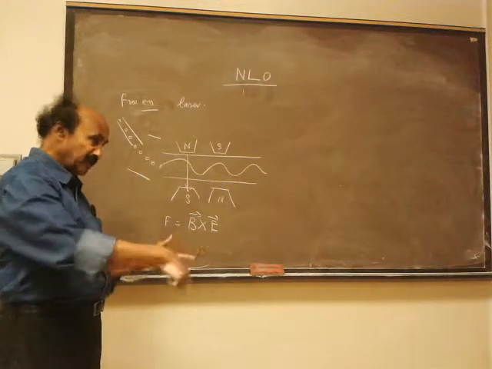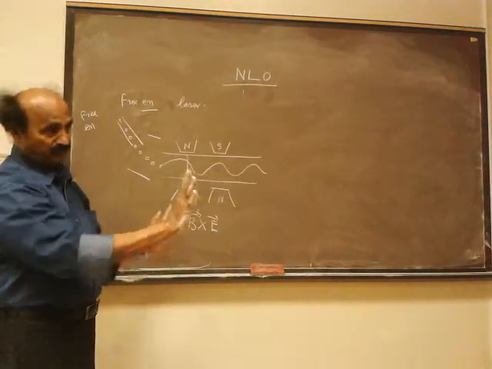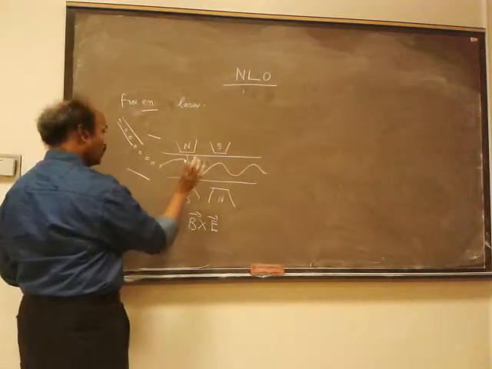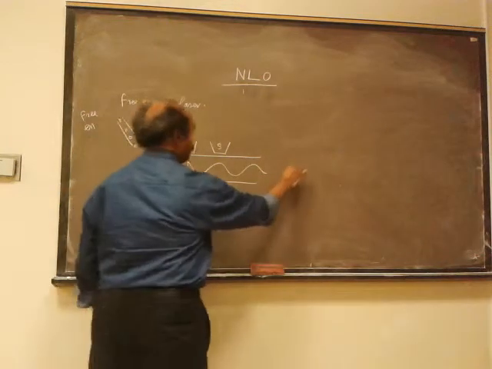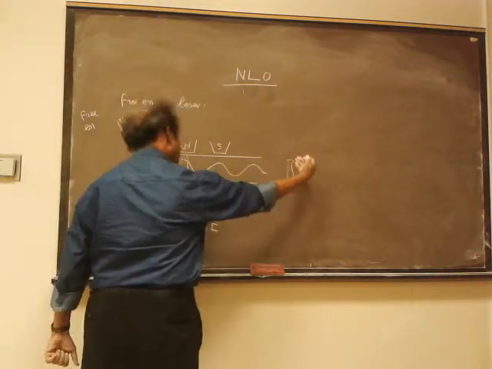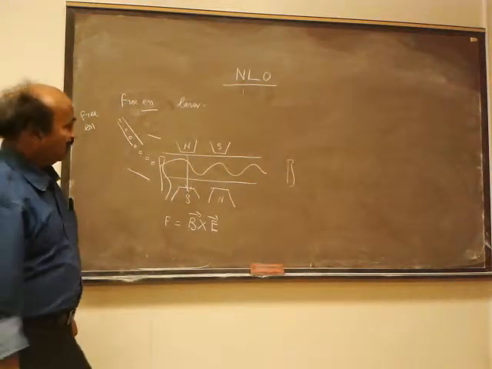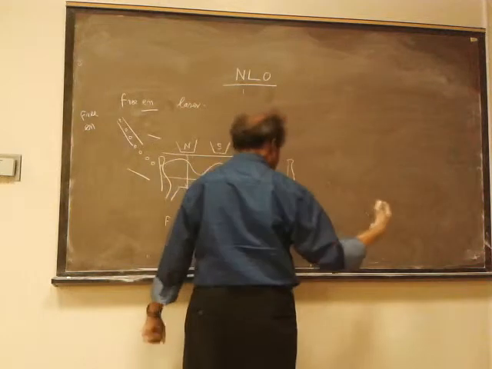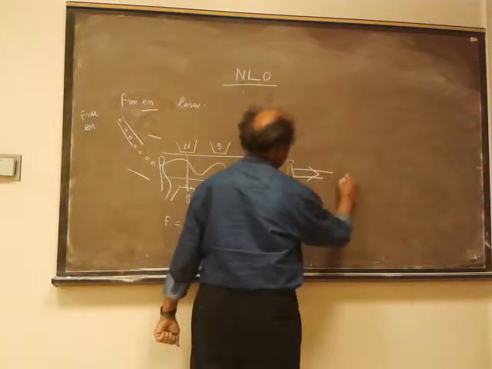Whenever there is a change in the direction, this will keep on producing electromagnetic wave. Then what you have to do, you put two mirrors, that radiation will come back, produce stimulated emission on the electron, interact with the electron, release the energy from the electron, so you will get laser.